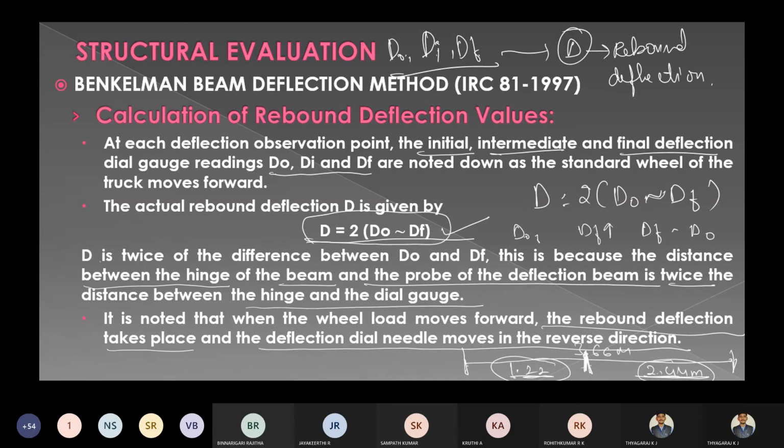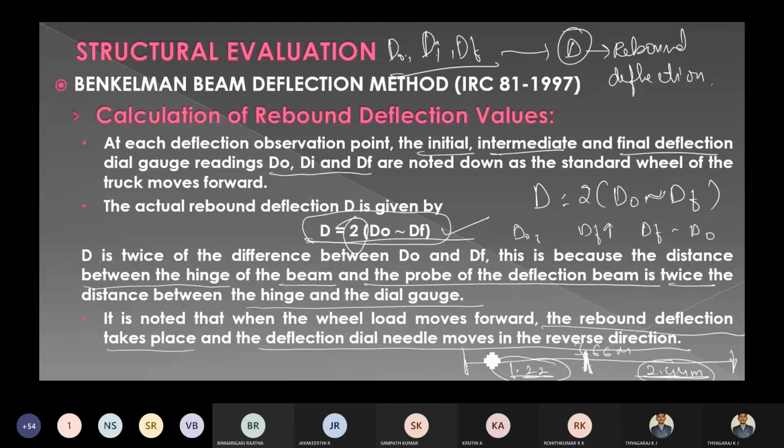Remember, the deflection value will be calculated using the initial reading, intermediate reading, and final reading, and the D is calculated using only initial reading and final reading. So D is equal to 2 into D naught minus df. Why is this 2 there?